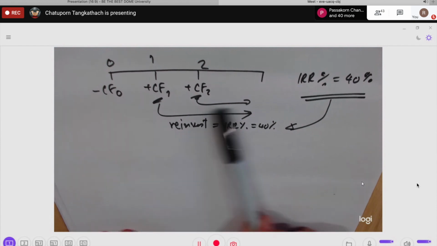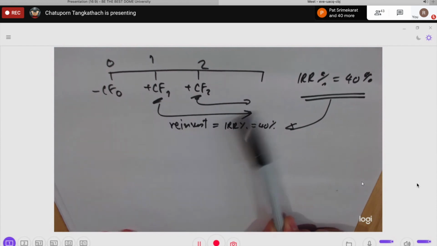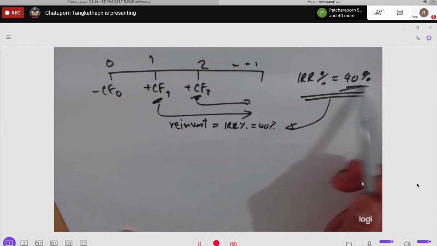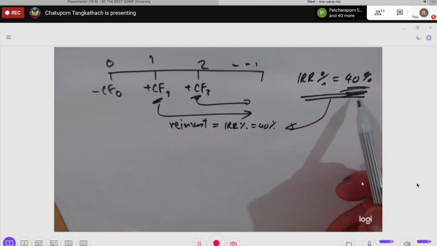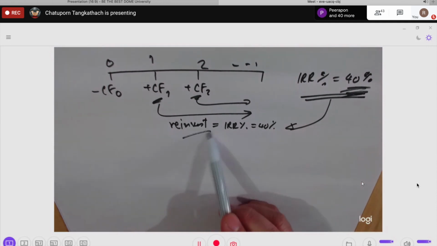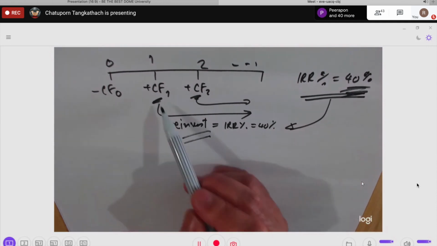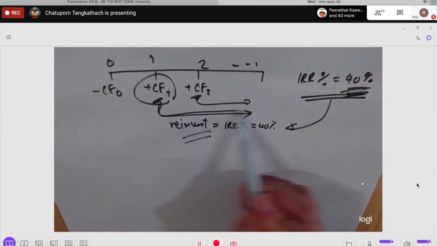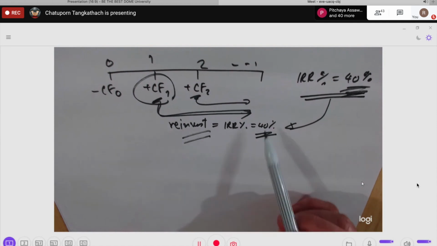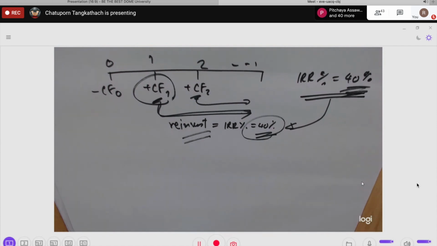Now, think about the actual situation. You may come up with a very good project with a very high return, 40%. This can be the case after you calculate IRR. But the reinvestment assumption says that after we get the cash flows, we need to reinvest at the same IRR, 40%. In reality, it is quite difficult to reinvest at 40%. When you would like to reinvest, what comes to mind?